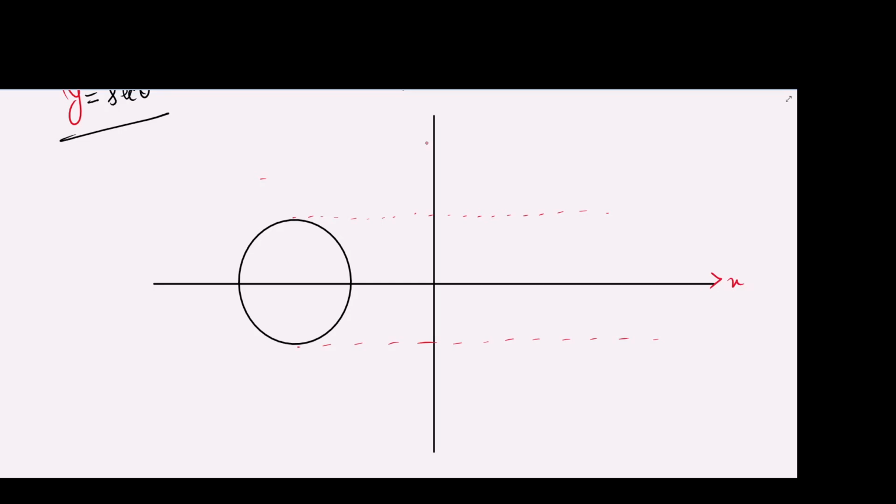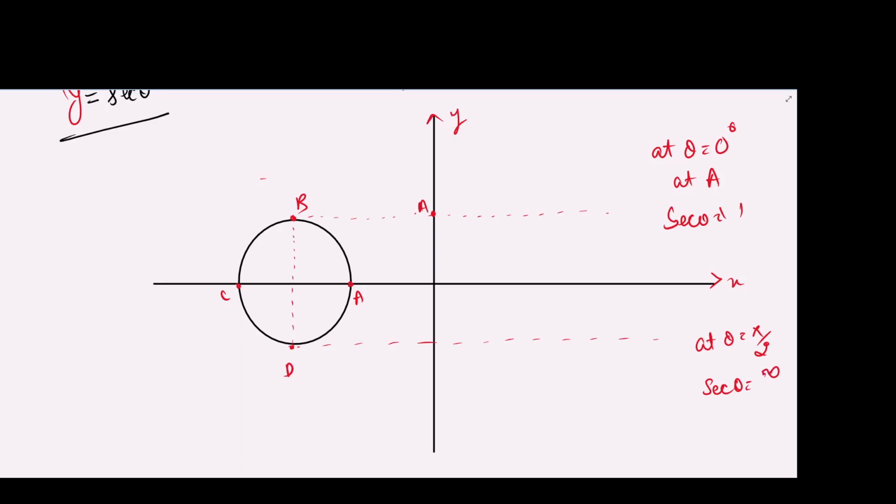This is the x-axis, this is the y-axis, and this is point A, this is point B, this is point C, and this is point D. So at theta equal to 0 degree, that is at point A, sec theta is 1. So this is 1, this is point A. At theta equal to pi by 2, sec theta is infinite. So at pi by 2 and pi, 3 pi by 2 and 2 pi.